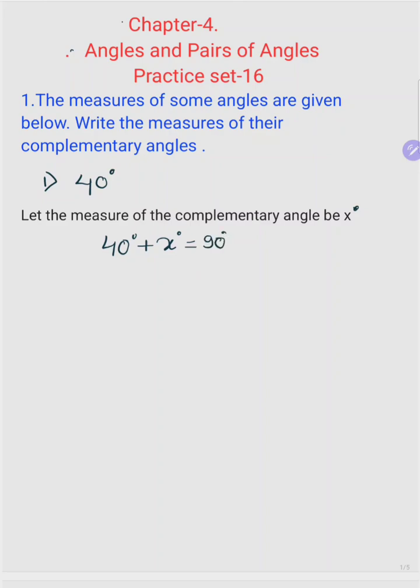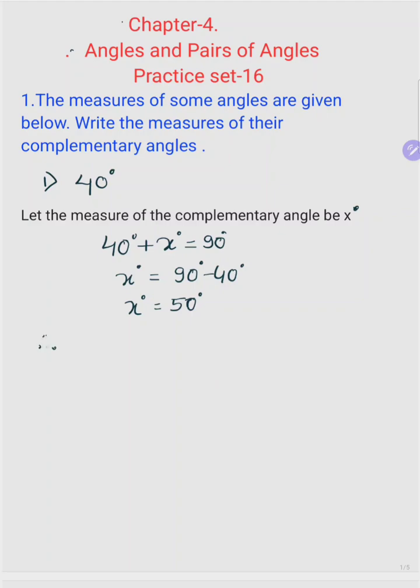The sum of two complementary angles is equal to 90 degrees. Then 90 degree minus 40 degree, how much is it? S degree is 50 degree. So here 50 plus 40 degrees, how much is it? 90 degree.